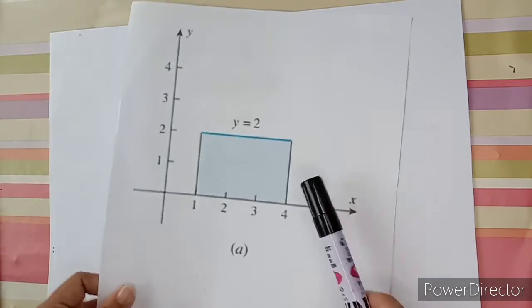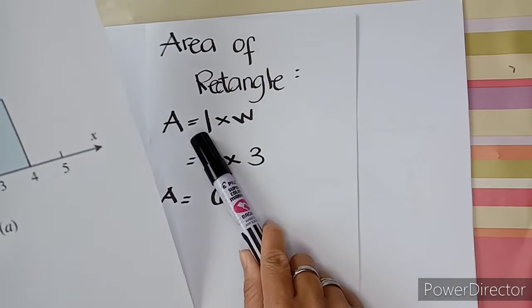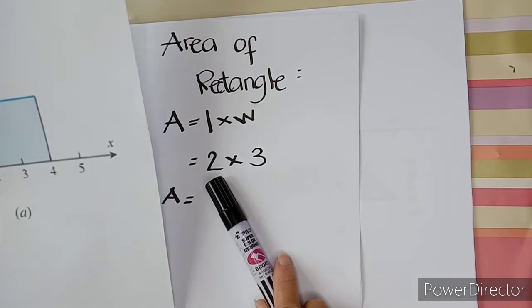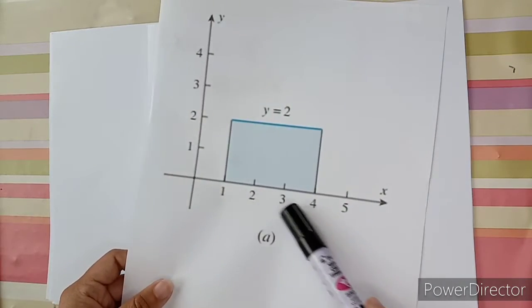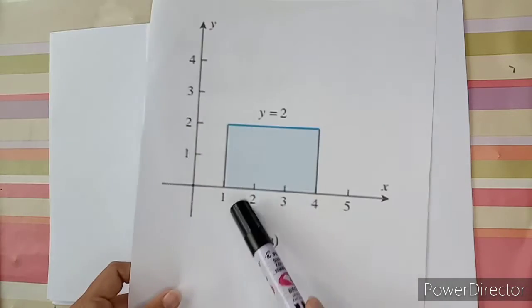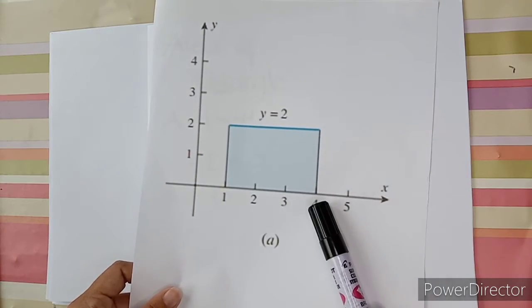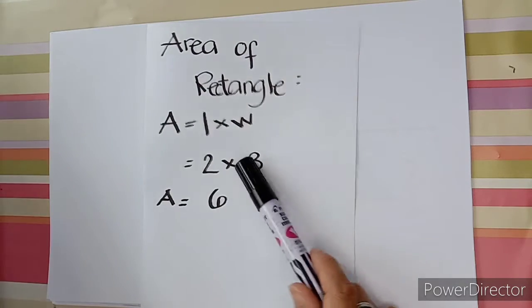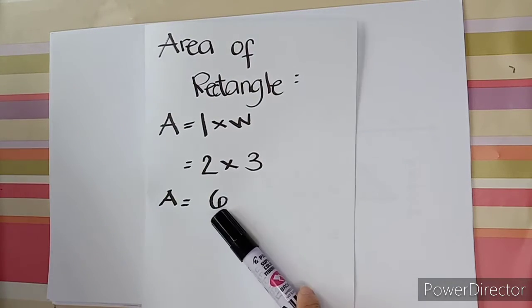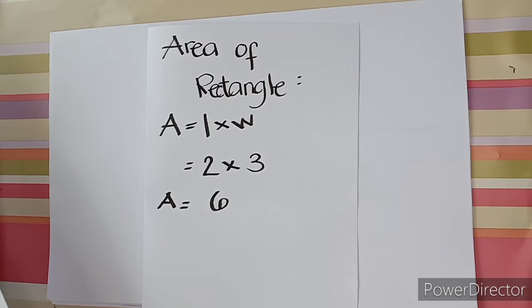So we have here L, which is 2, times width, which is 3. So 1, 2, 3. So our area is equal to 2 times 3, which is 6.